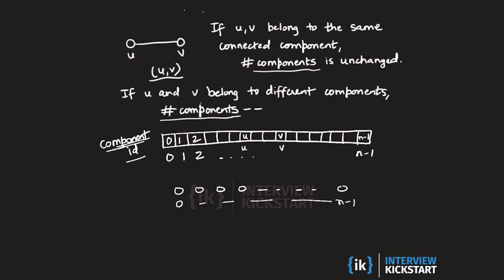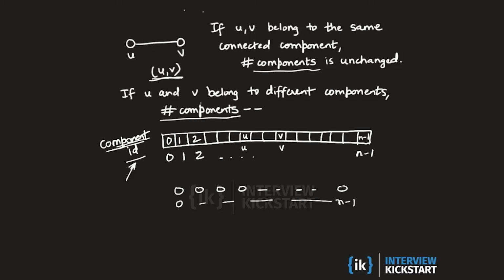Now when the edge u comma v is added, we can just look up directly in this component ID array what connected components they lie in. If those two values are the same, that means they already belong to the same connected component, and so our running tally of how many connected components there are will be unaffected.